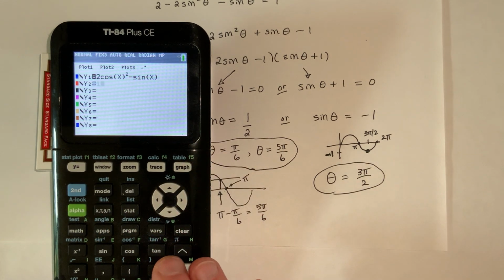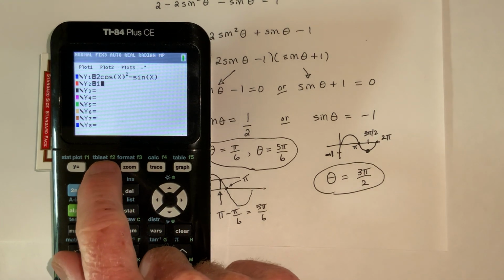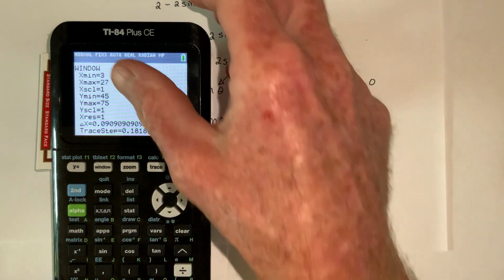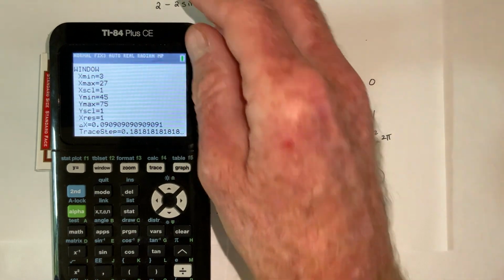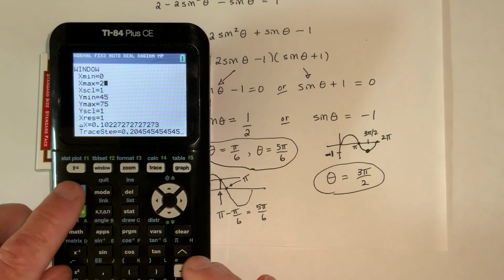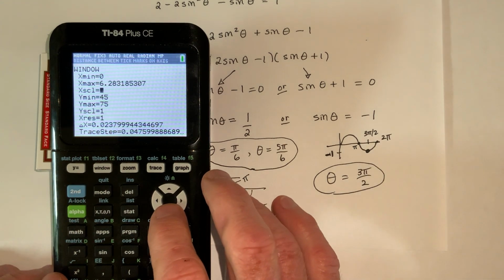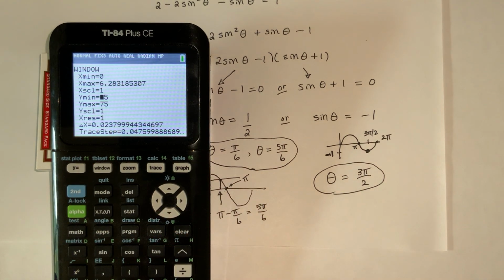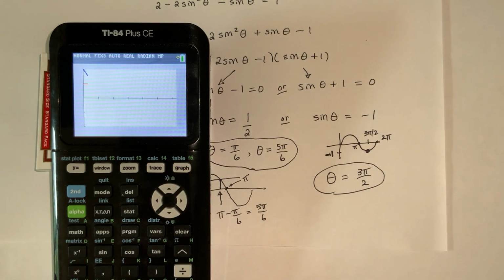And then it said, when is that equal to 1? Now, change the window. Change the window to go from 0 to 2 pi. And for the y values, it's got 2 times cosine, so let's go with negative 2 to 2. That should be good enough to see it.